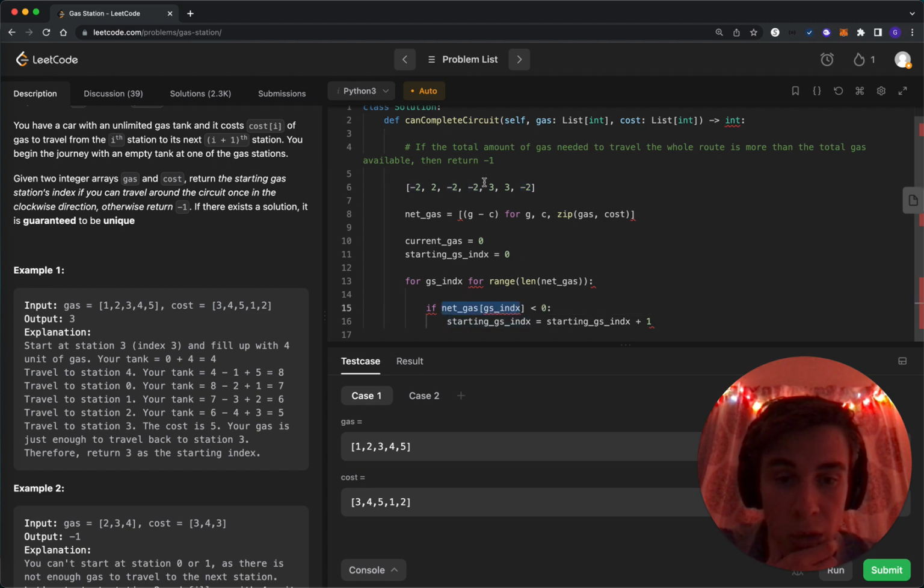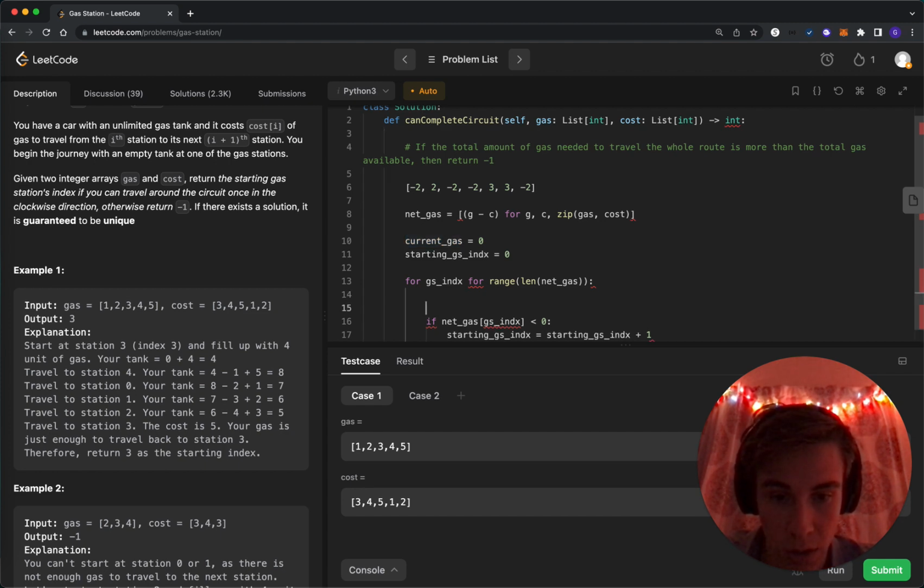I shouldn't be only caring about this, I should be caring about the current gas that I have. I completely forgot about this. So current gas plus equals the net gas gained in this station.